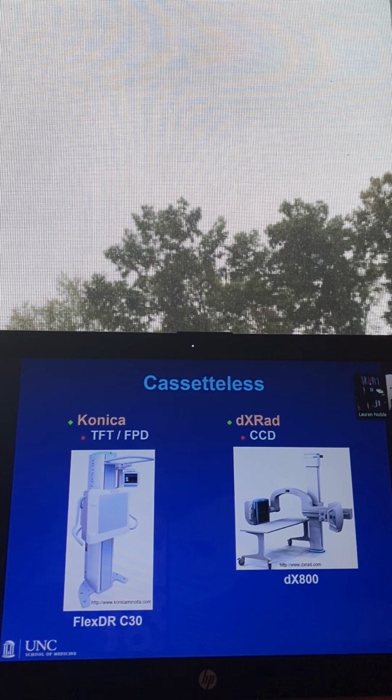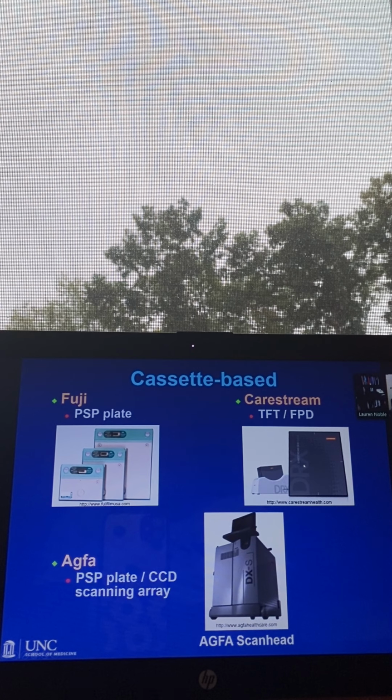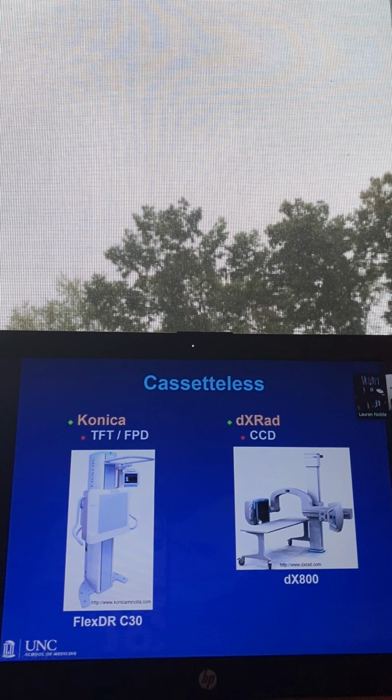Now, with some of the flat panel cassettes, though, you still don't have to process it. You don't have to move it. So that's true to a certain extent. As soon as the image is received by this detector, it will start processing. But that is also true of this type of detector here. Okay. But yes, that can be true with these. The main thing is, if you look, it is built into the equipment.